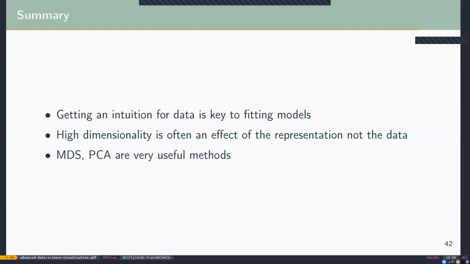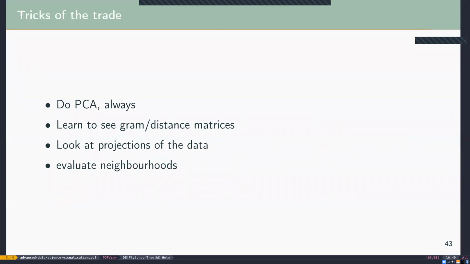These two things are equivalent. However, MDS does not require you to have vectorial data itself. This is the first thing you should ever do as soon as you see data. As soon as you have data, you should always apply PCA to it. First thing, always do eigen decompositions of the covariance matrix.